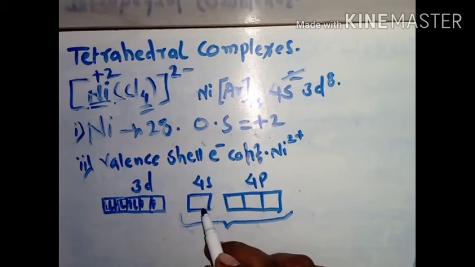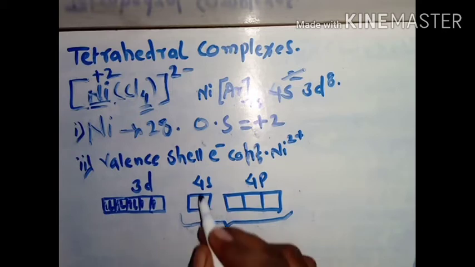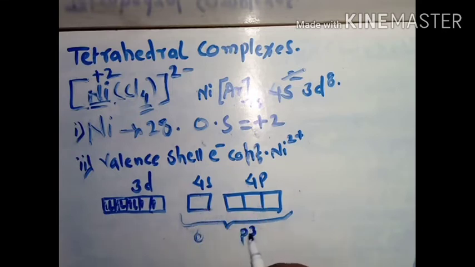So 4 vacant orbitals are formed, one s and three p, and that is why the type of hybridization becomes sp3. These are the electronic configurations.